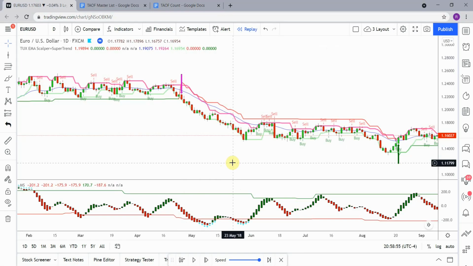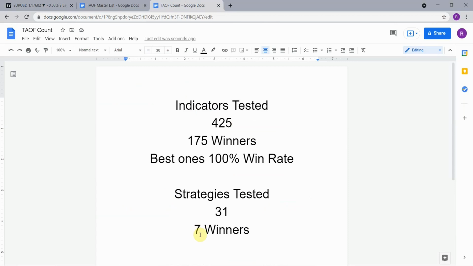Alright, as I said, today we will be looking at another trading strategy. Before we do though, I wanted to put the testing scoreboard up for everyone to see. To date, we have tested a total of 31 different strategies. This one will be the 32nd, with 7 of them being winners.